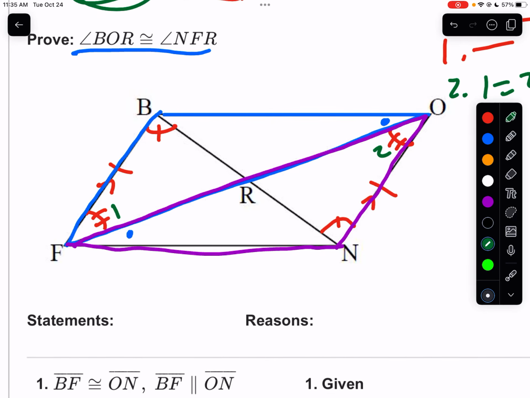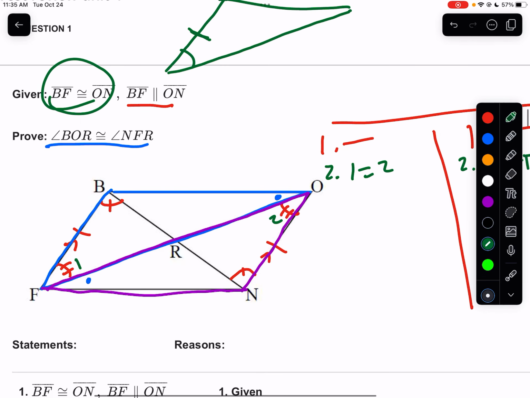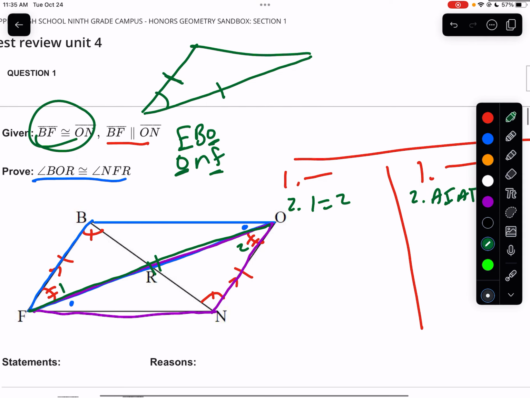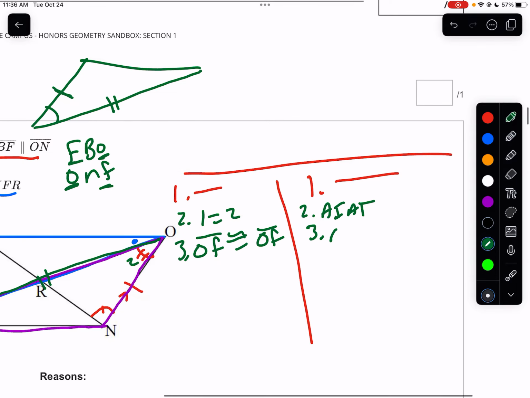It can be hard to tell sometimes. Sometimes it helps to write the names. I'm working on triangle FBO and triangle ONF. Well, don't they both use OF? Do you see in the picture how OF is a shared side? Yes. So I'm going to say OF is congruent to OF, and that is the reflexive property.